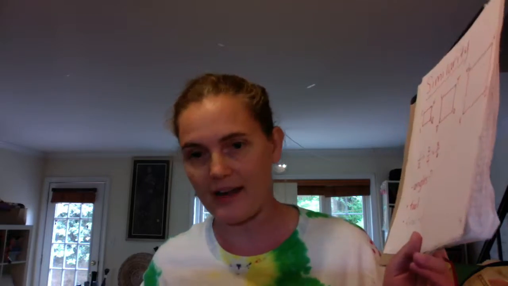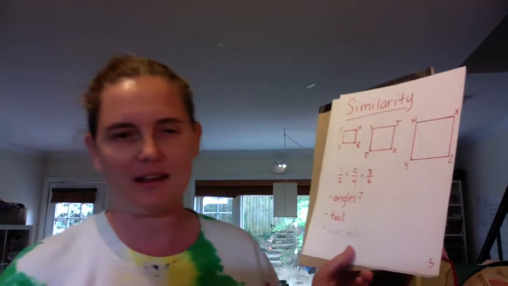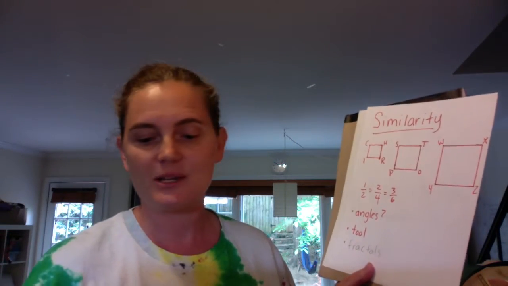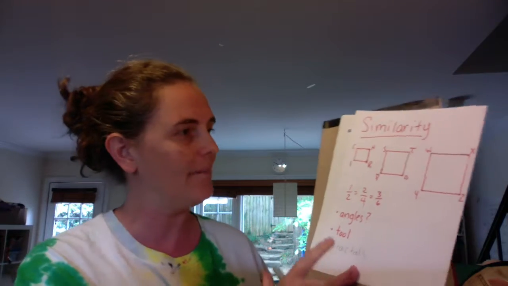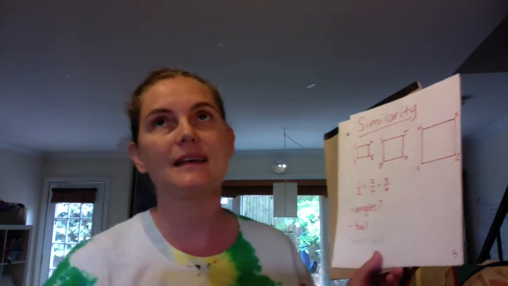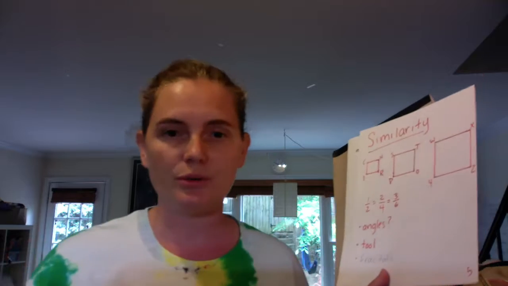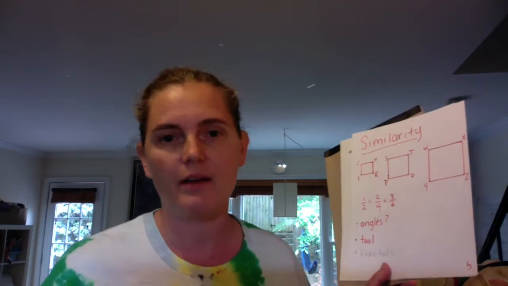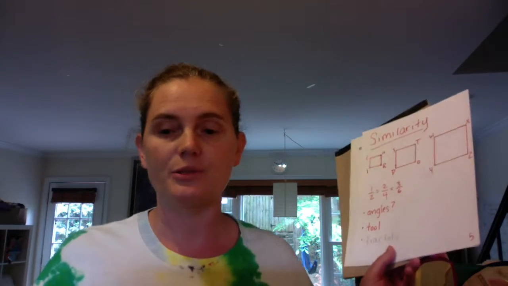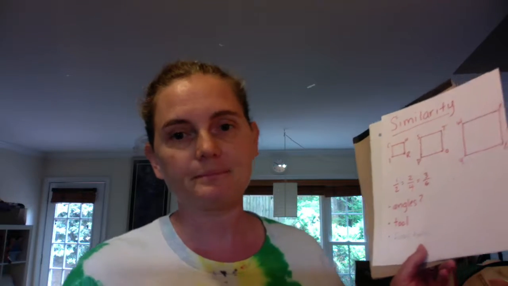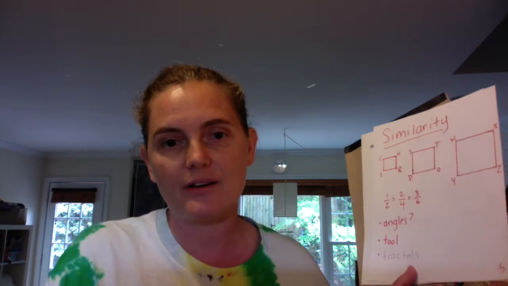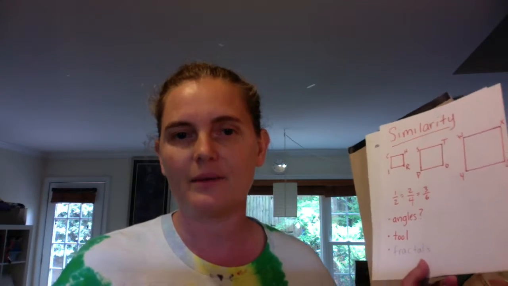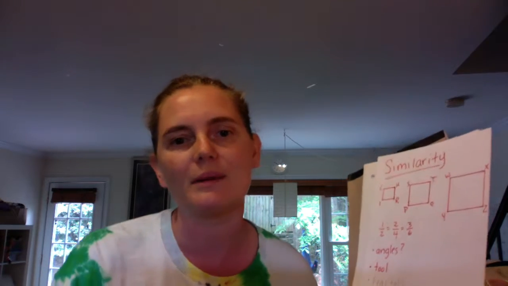One specific area, and this is why I chose the similarity topic, is because we had been talking about fractals, and I had said that the main two requirements for fractals are that there's some sort of repeating pattern, and that pattern is self-similar. And I wanted to explain a little more what that means.